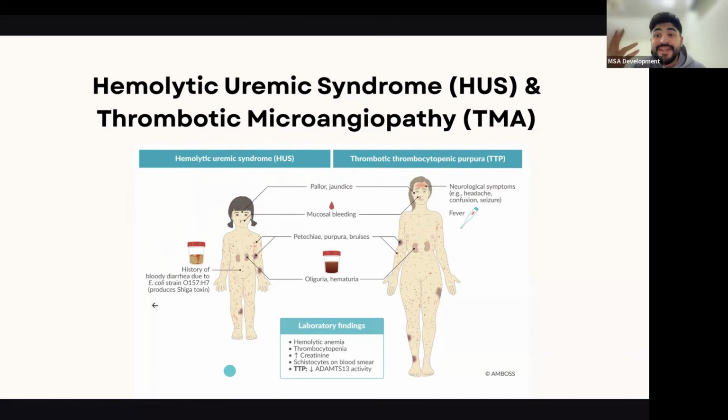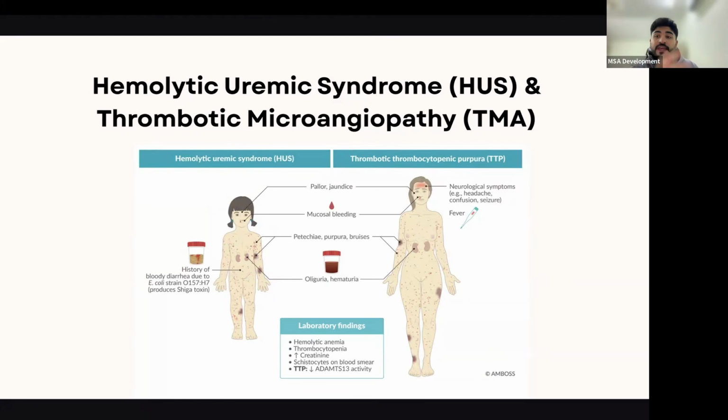And is seen in children who have bloody diarrhea. Okay. Usually they're going to come to you with bloody diarrhea. Okay. They're going to definitely have thrombotic microangiopathy as well. Okay. This is all due to the E. coli strain that they get basically infected with. Okay. They're going to have pallor, they're going to have mucosal bleeding, they're going to have petechiae and purpura all over. They can also have hematuria, as I mentioned.